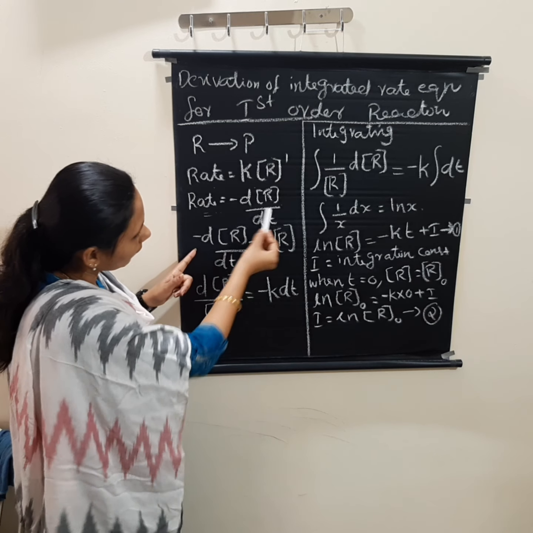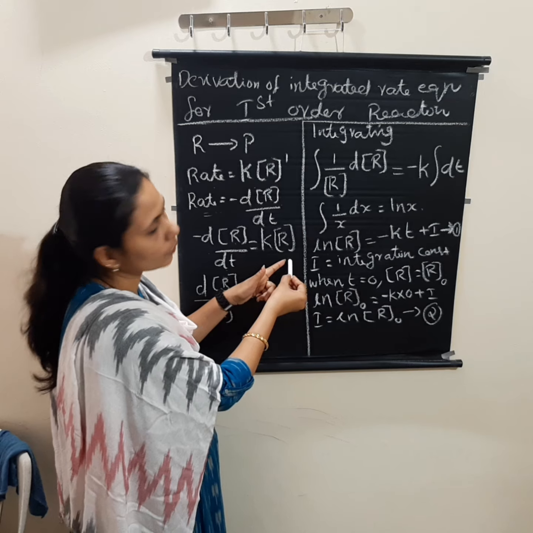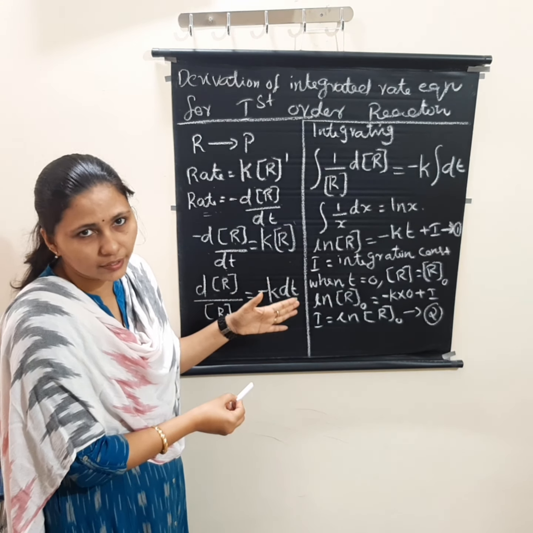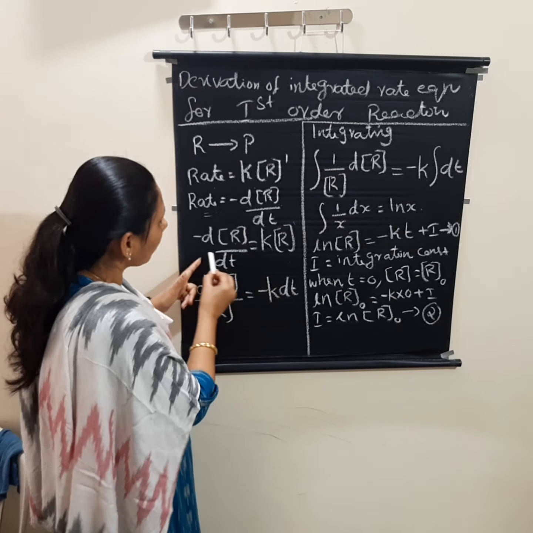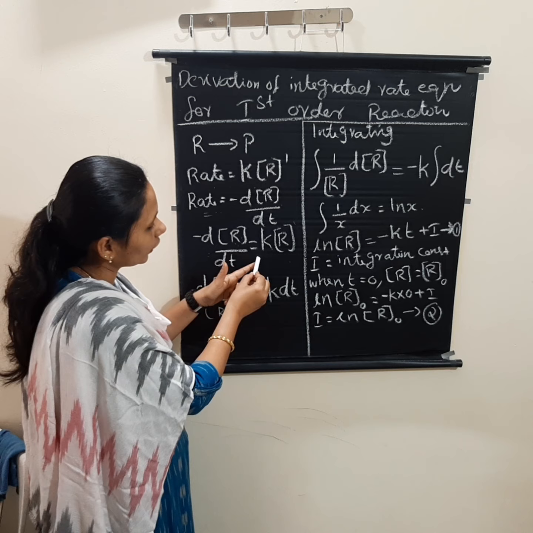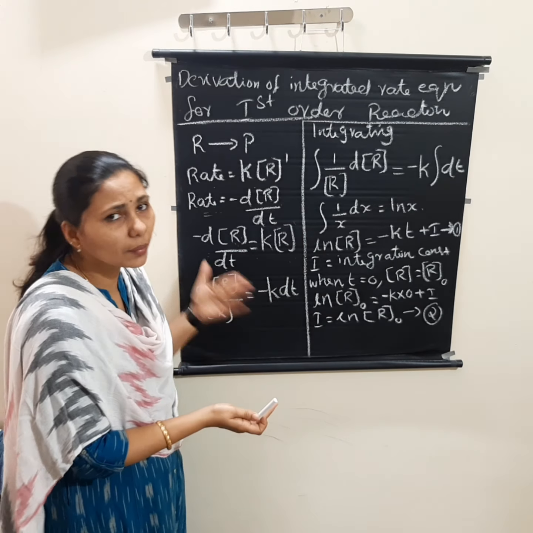We will get minus d[R]/dt equal to K[R]. I am not writing 1 here because something raised to 1 is equal to that only. Same as zero order.